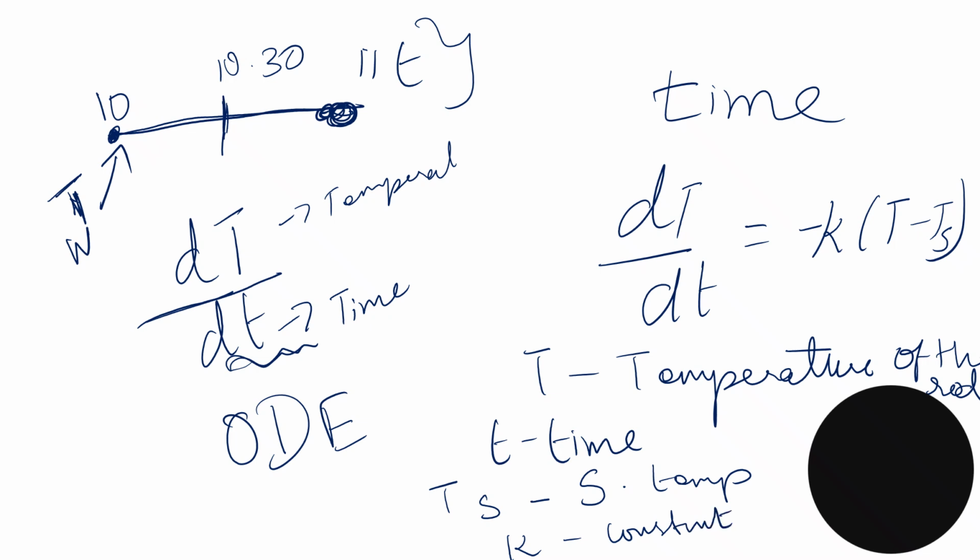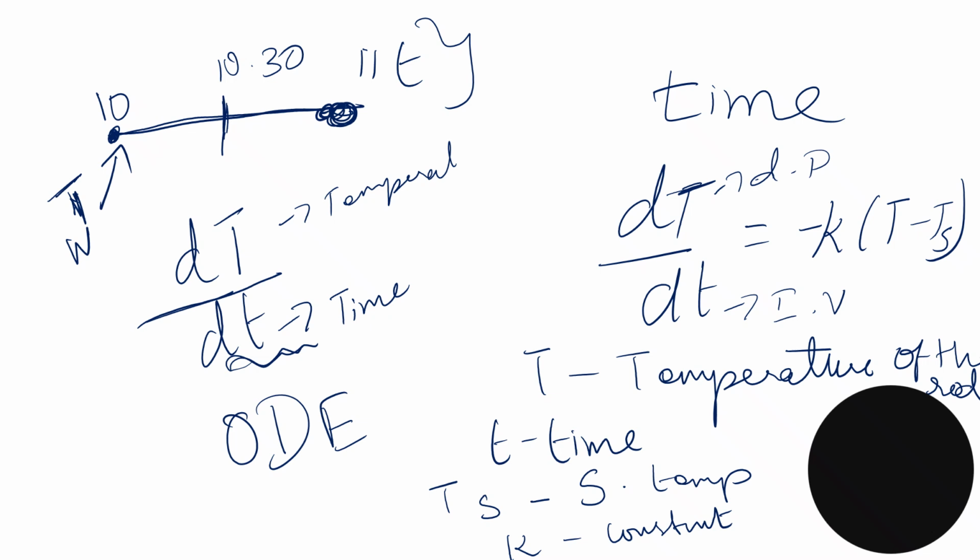So, since the temperature depends only on one independent variable, time, the denominator variable is the independent variable and the numerator is the dependent variable. So temperature depends on time. That's why this is the dependent variable, T, and time is the independent variable. Since the temperature depends only on one independent variable, time, this is an ordinary differential equation.